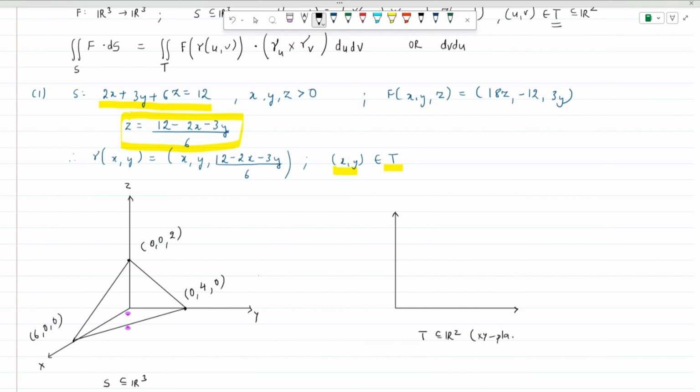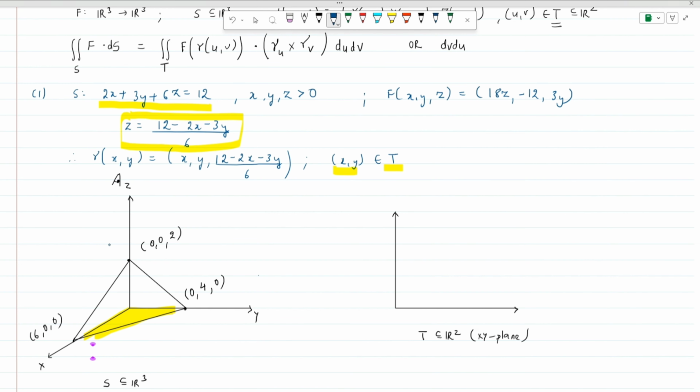So for that, we will be looking down from the positive z axis. So this is going to be our point of view. We'll be looking over here, and what we will be seeing is this triangular plane, and this triangle is formed in the xy plane.